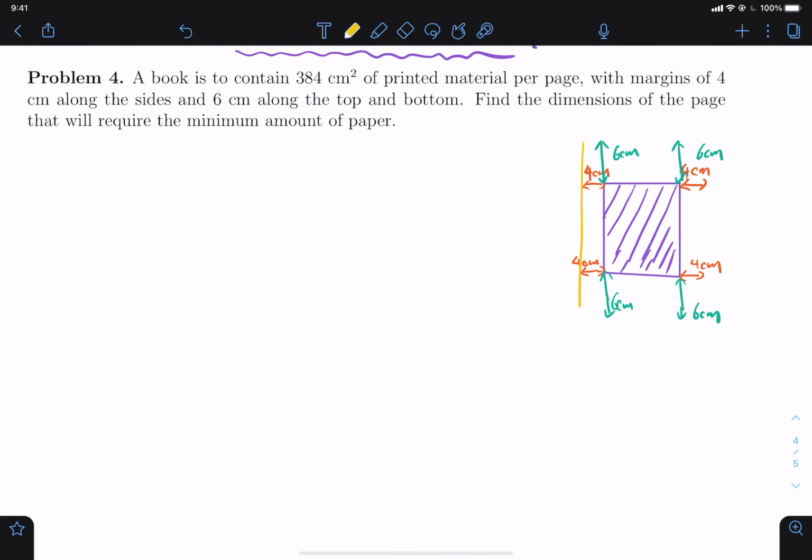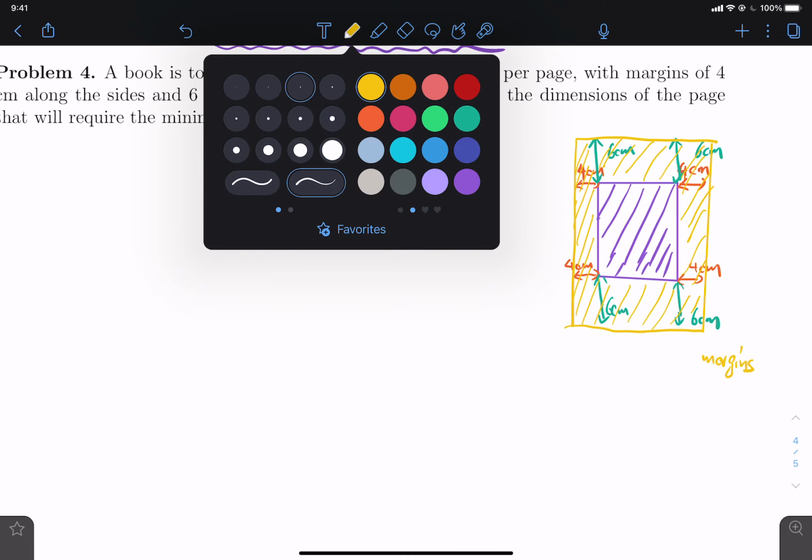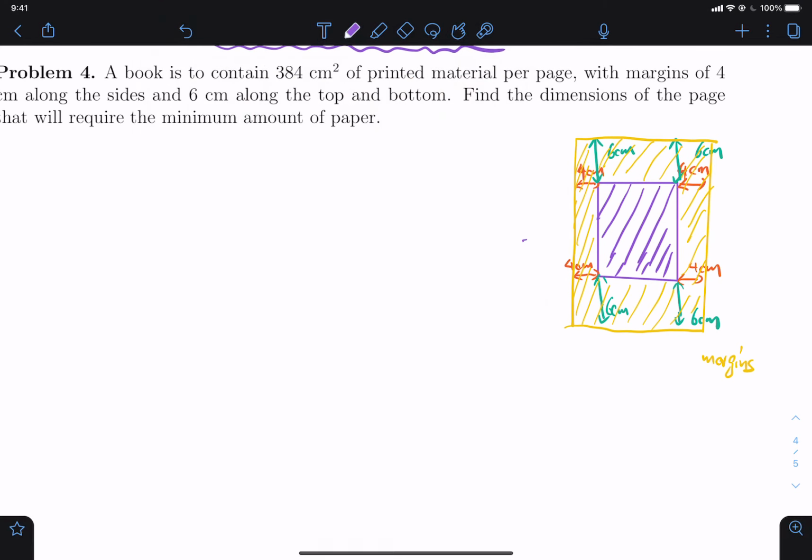large rectangle here. Okay, so the yellow areas are the margins. Okay, like that. The margins are here, and the inside is the image.